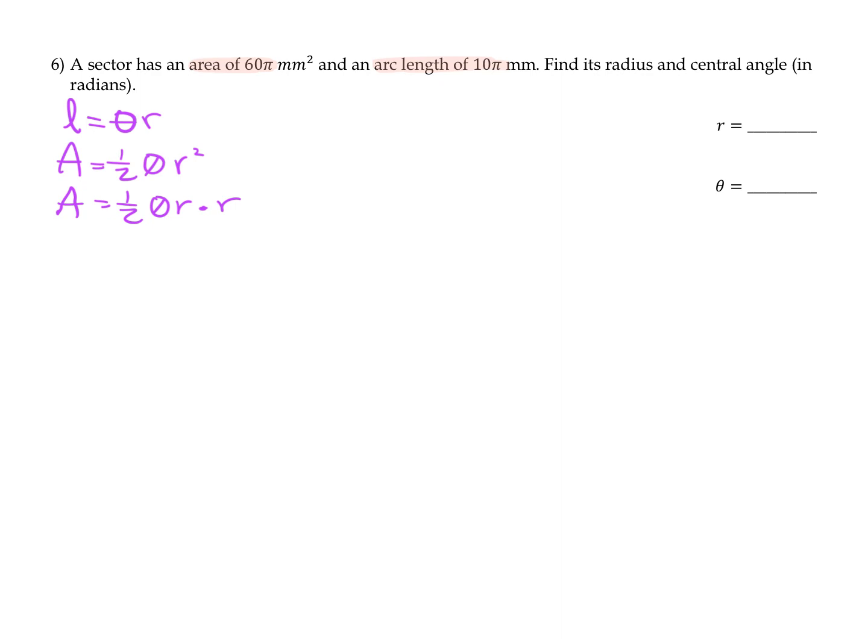We know the arc length is 10 pi, and that's what theta r is, so I'm going to put 10 pi there. So my area is 60 pi, 1/2 theta r is 10 pi, and I'm looking for that radius.